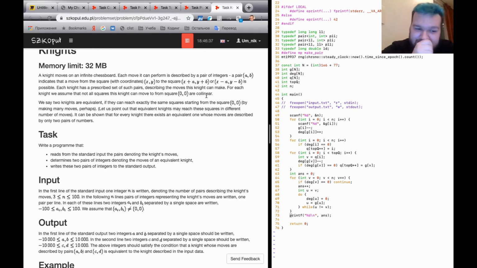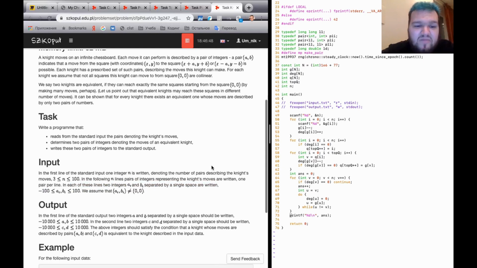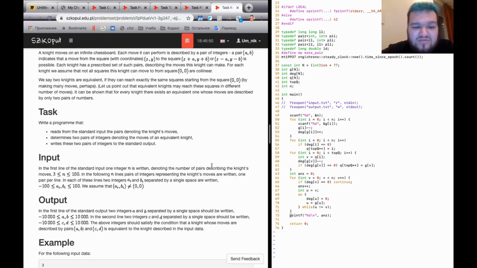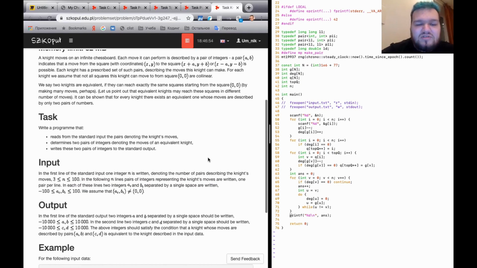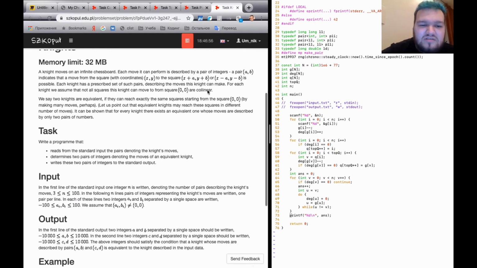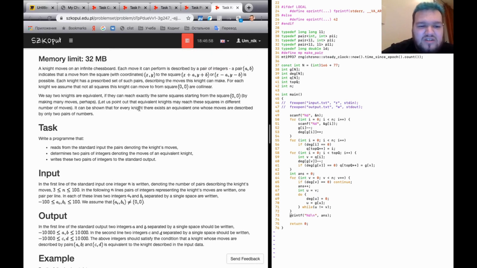Well, maybe it is. So A's and B's are up to 100. That's interesting. It's not a very big number, and we have to find this equivalent knight with only 2 different moves.